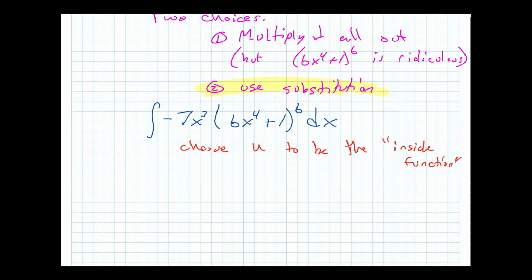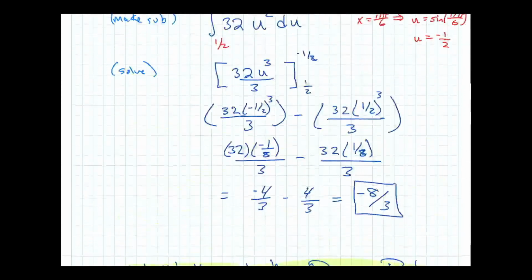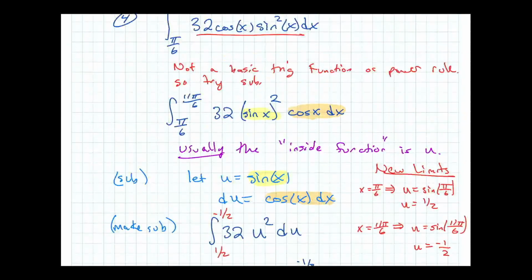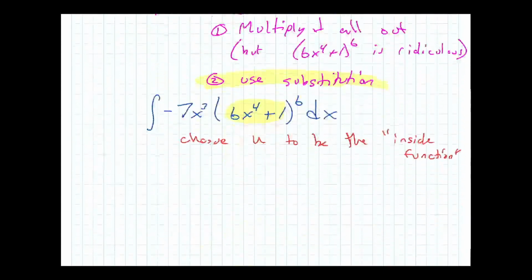What's the inside function? This, right? Very similar to that sine and cosine problem, where you can see that the sine is inside the square. Well, 6x to the 4th plus 1 is inside the sixth power. So that should be the obvious choice. If you get this wrong, it's not going to work out.